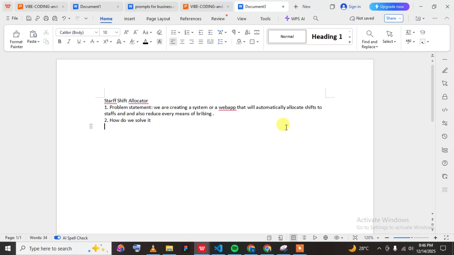Okay, so to know how we will solve this thing, the first question we need to ask ourselves is, what are the entry data, or what do we need to develop this software, this web app?